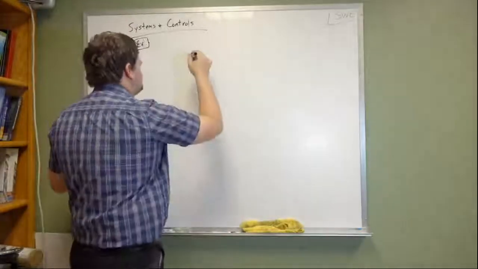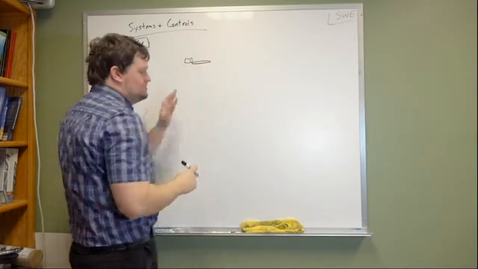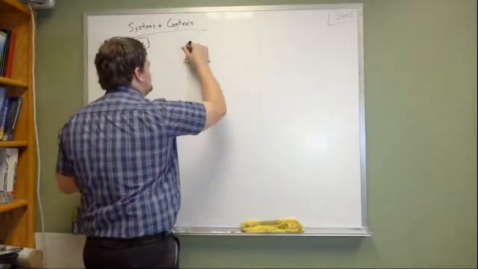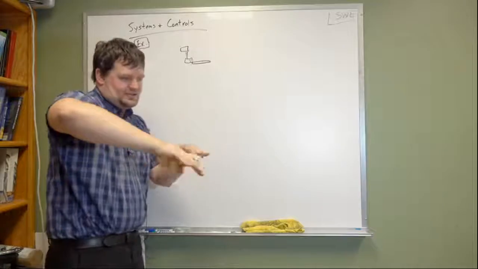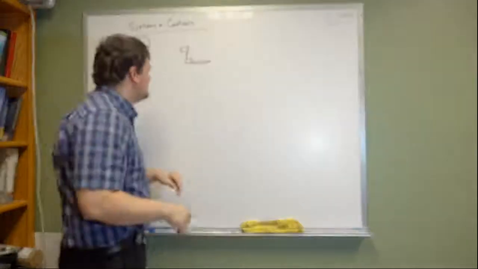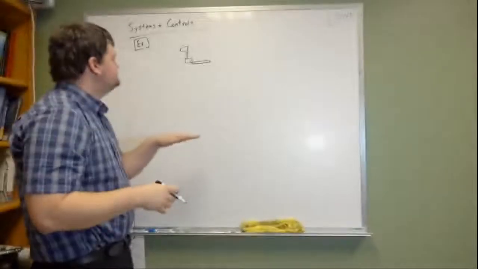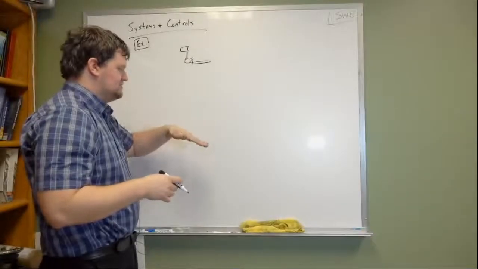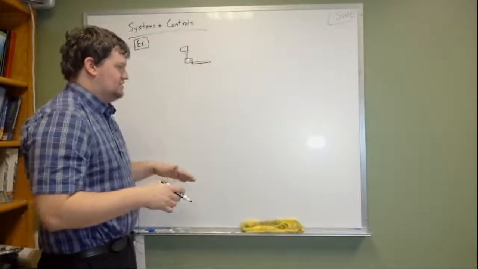Right here you'll have a motor that's connected to this axis. You'll have a motor that's connected to this axis so that it rotates in this plane, and then you'll have a motor connected to this axis.